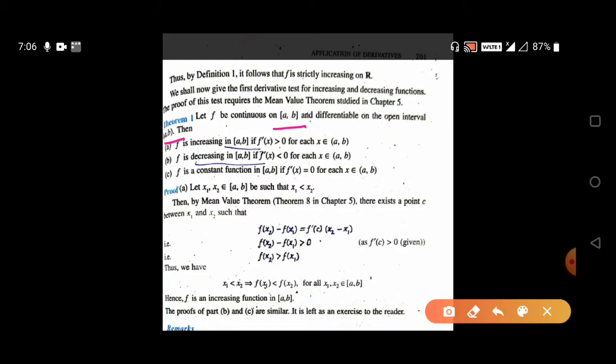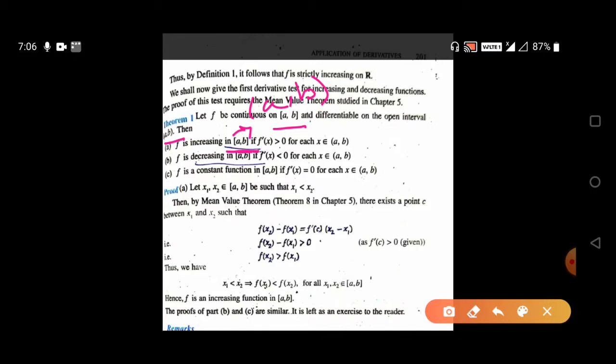Whenever f is increasing, we use the closed interval and f dash x is greater than 0. Whenever it is strictly increasing, this interval will be the open interval. So it is strictly increasing in the open interval and increasing in the closed interval, with f dash x greater than 0.